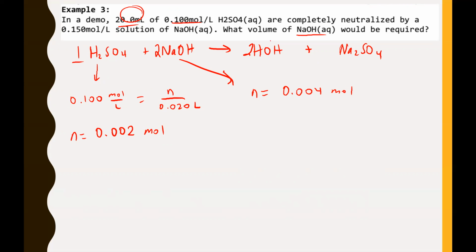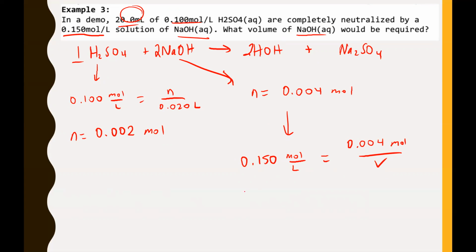Now, it is asking for a volume of this that would be required. The only other thing we know is that we have a molar concentration of 0.150 moles per liter of NaOH. So once again, maybe we could use that to be useful. 0.150 moles per liter equals some amount of moles, which we know, 0.004 moles, over our volume, our number of liters. I'll just call it V for volume.